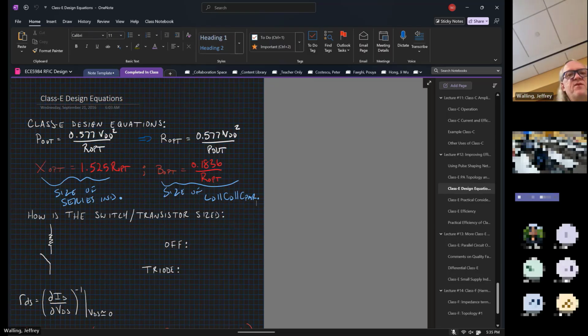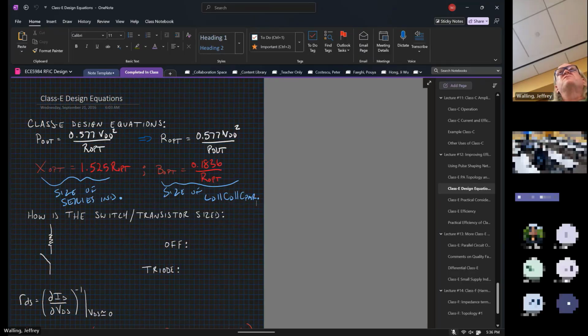It has a value of 0.1836 divided by whatever R-opt is. R-opt would be determined by deciding what output power level you want and just inverting that equation for P-out. Once you have R-opt, you can get B-opt. This is a positive susceptance, so it means that you need some capacitance at the drain of the transistor.